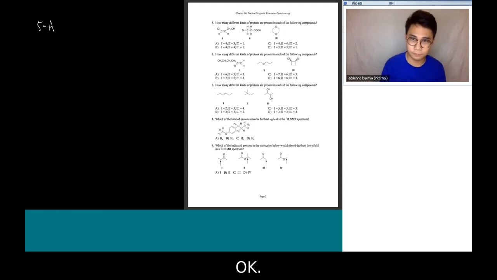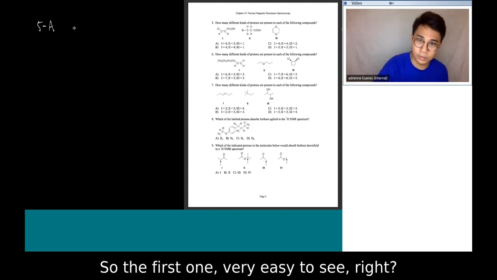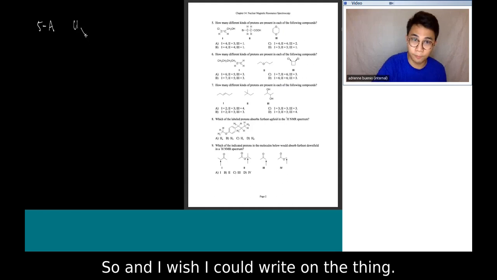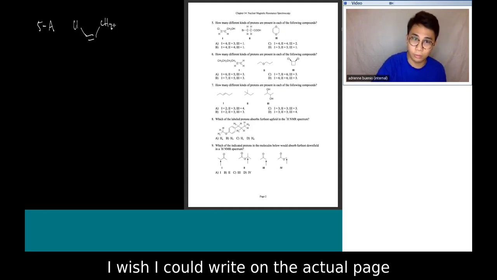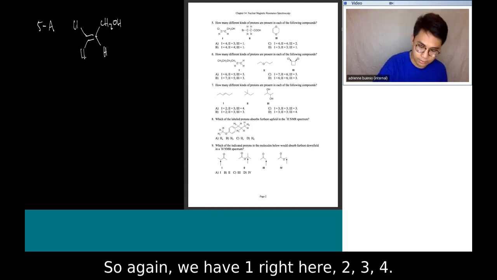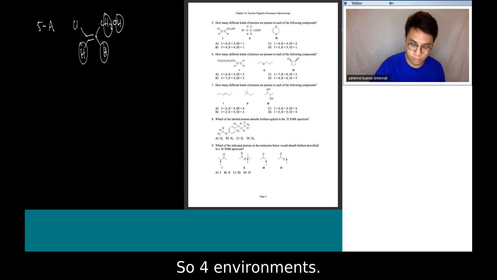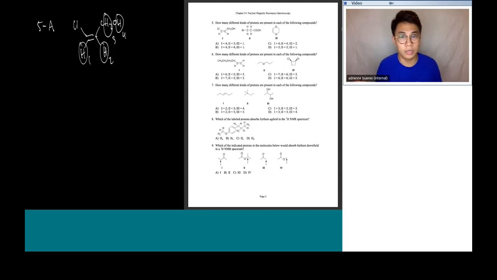Okay, so the first one is very easy to see. I wish I could write on the actual page so I don't have to rewrite everything, but I can only write on the board. So again, we have 1 right here, 2, 3, 4. So 4 environments, easy.